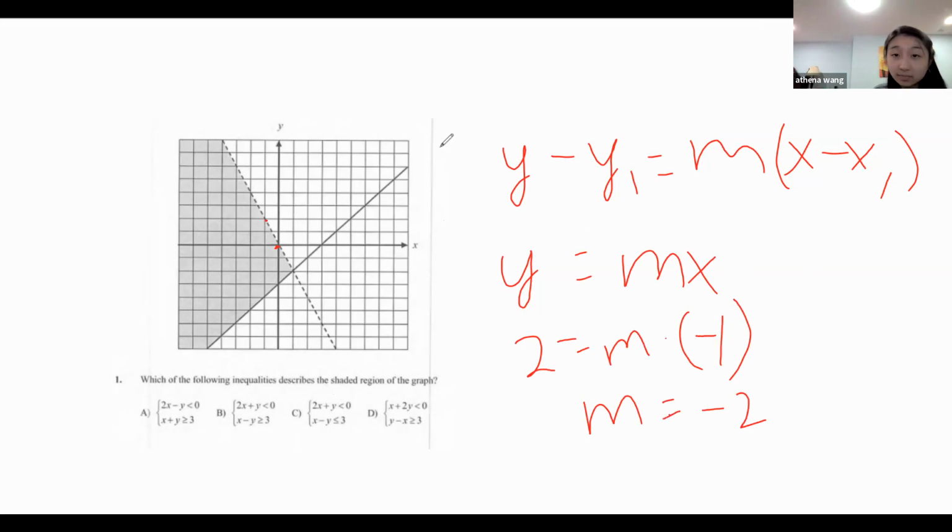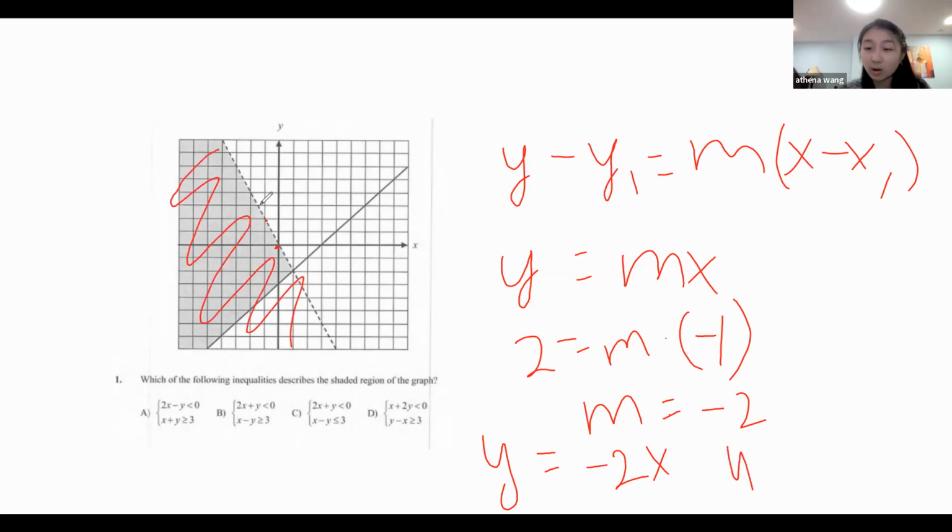Okay, so then we have our equation: y equals -2x. And we know that this shaded region is below that. So we have y is strictly less than -2x because this line is also dotted.